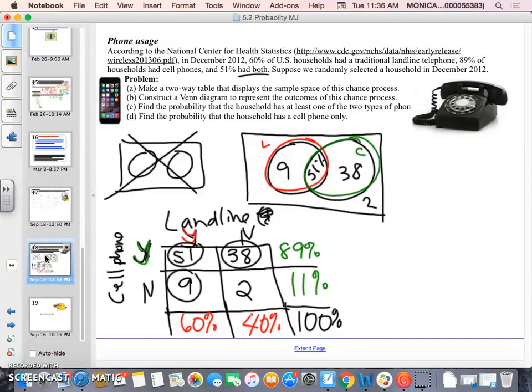All right, so now we've constructed our Venn diagram. Now we want to find the probability that a household has at least one of the two types of phone.